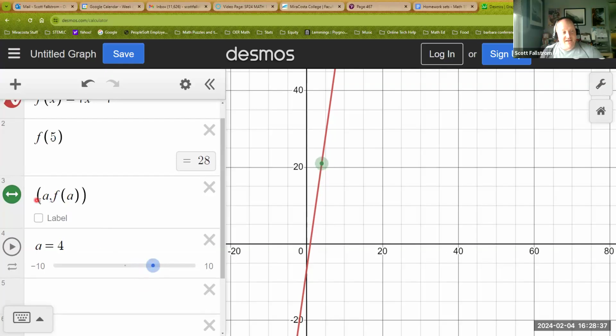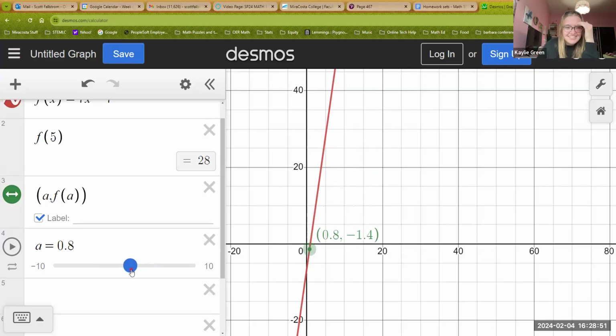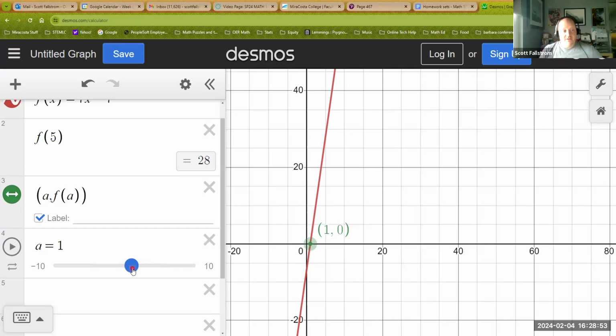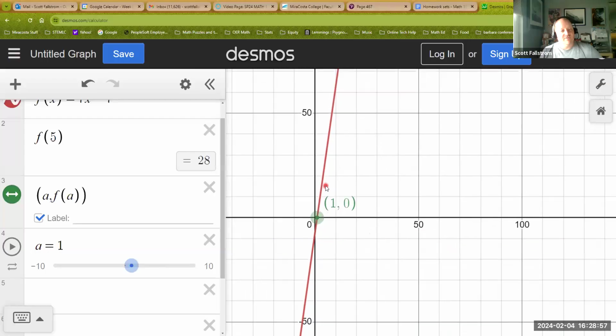Because my input is A, and the output is f of A. So anytime I want, there it is. And if I want, I can label it. There you go. And you can just watch it move. So that's again cool, but it's just showing the same relationship that we already had. It's not like it's showing anything different, but this one's much more visual.